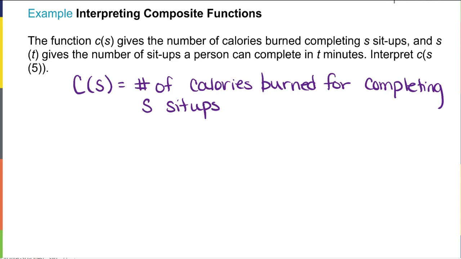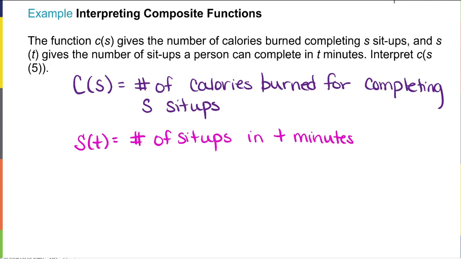And then they tell us that s of t is the number of sit-ups a person can complete in t minutes. So what does c of s of t mean?